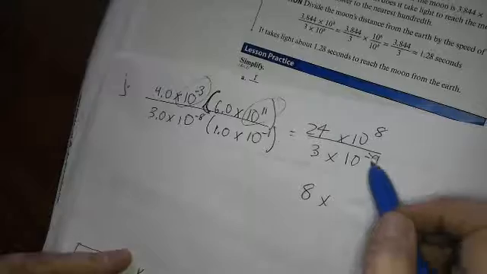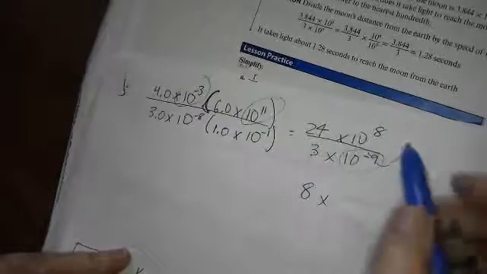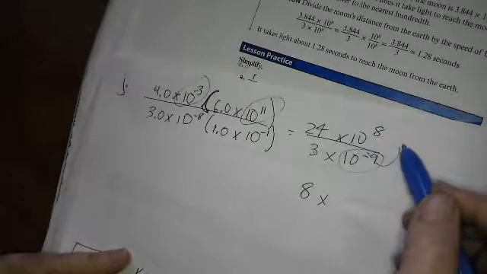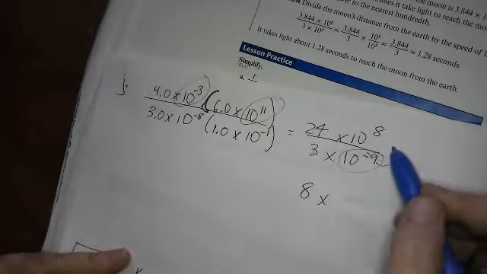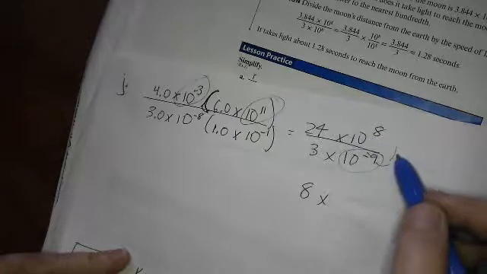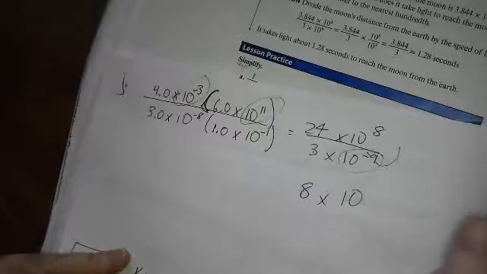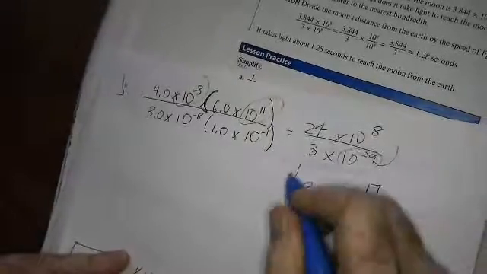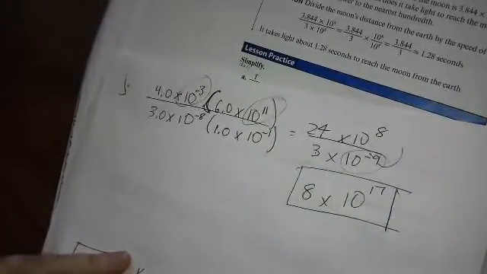Bring this 10 to the -9 up, because it's unhappy down there. That'll be 10 to the 8th times 10 to the 9th. That makes 10 to the 17th. Okay, and I'll give you some extra credit if you catch me in a mistake.